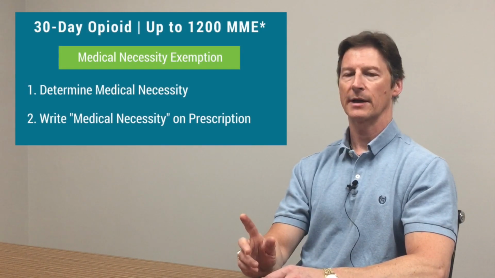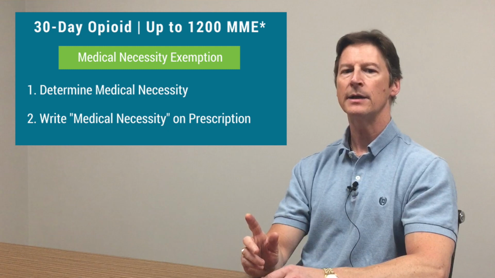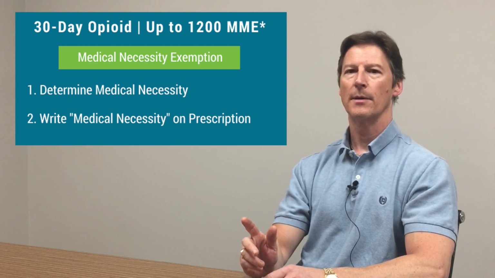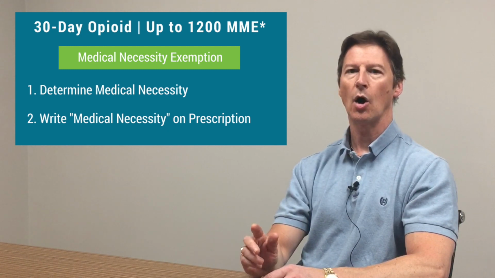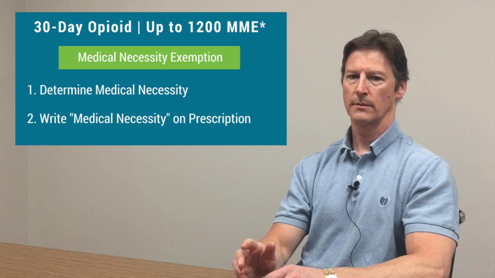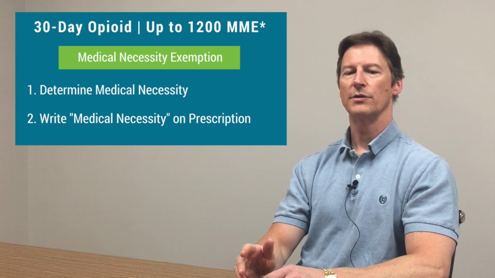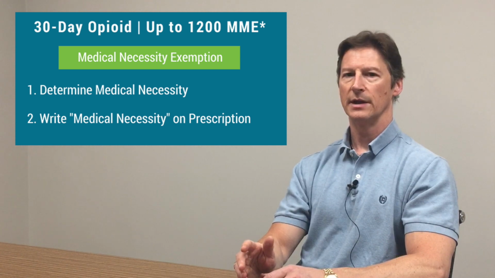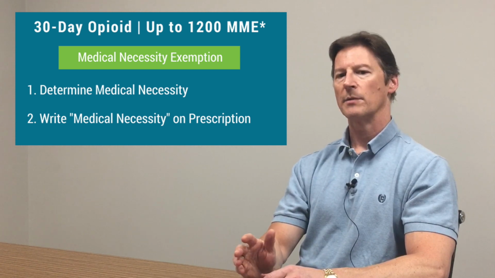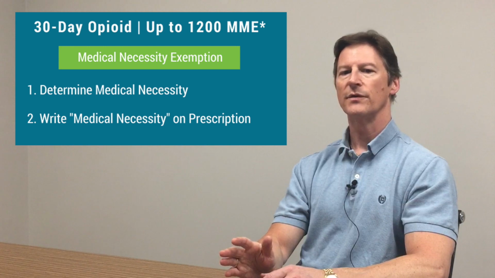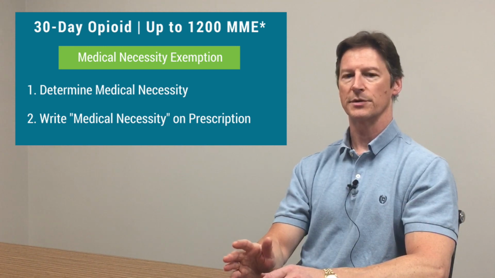You must determine medical necessity and include the phrase medical necessity on the prescription. A 30-day opioid prescription may not exceed a total dosage of 1,200 MME. The pharmacist is only allowed to partial fill up to 1/2 of the prescription.